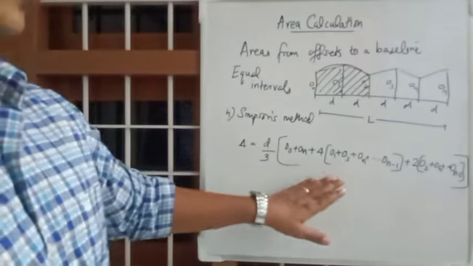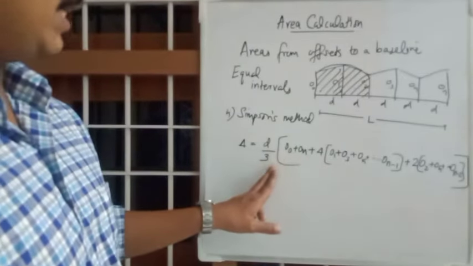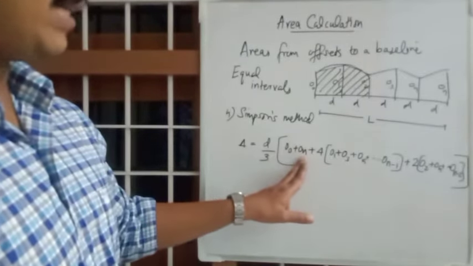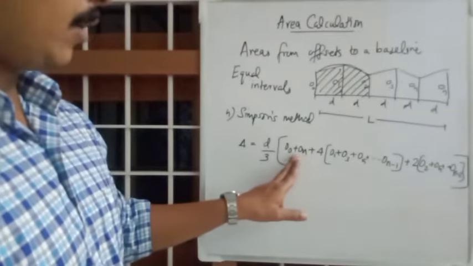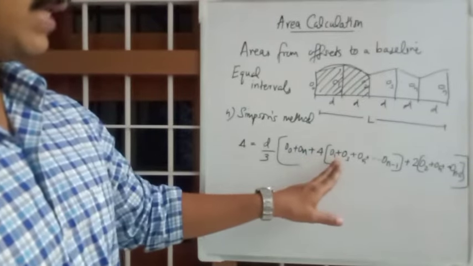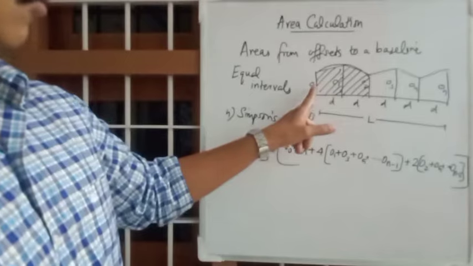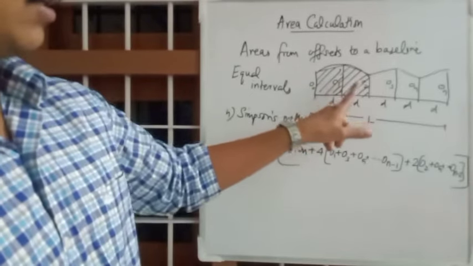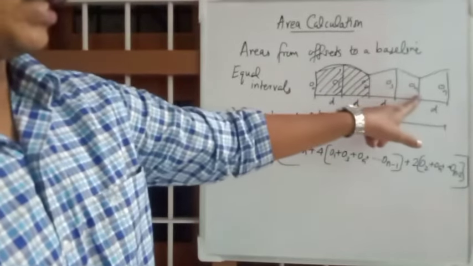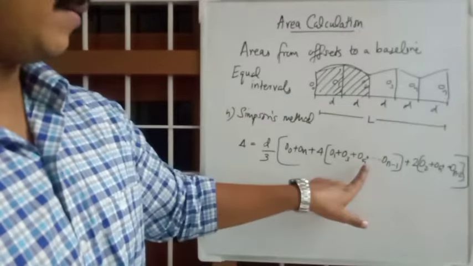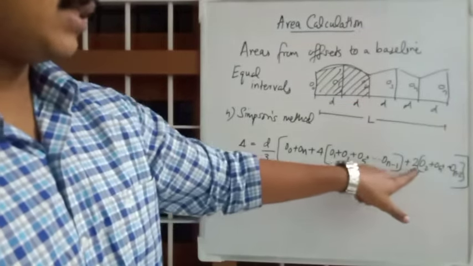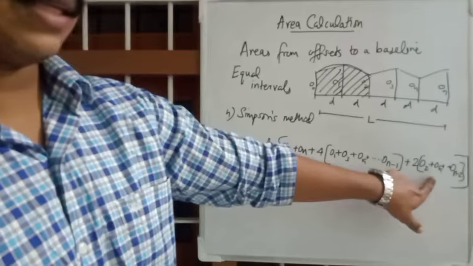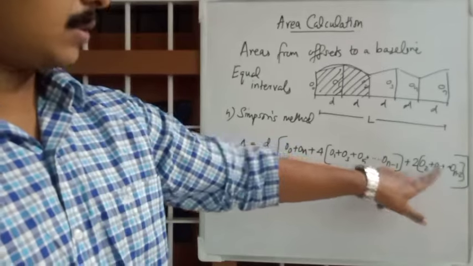Okay. So if you get it, d/3 into end ordinates, adding end ordinates with 4 times even ordinates. Even means 1, 2, O1, 3, 4, O3, 5, 6, O5. Okay, even ordinates plus 2 times odd ordinates.